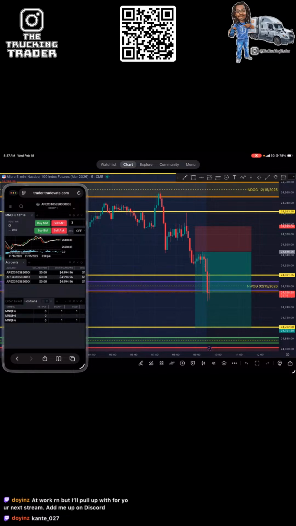It's a lot of chop out there on the 1 minute, so I'm just going to wait on the 5 minute. But like I said, if we take all of the liquidity right now, which is essentially where my yellow lines are, these are liquidity areas from the 1 hour time frame, so swing lows on the 1 hour time frame.